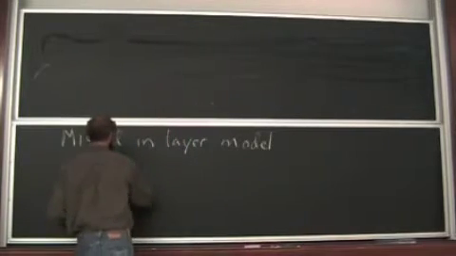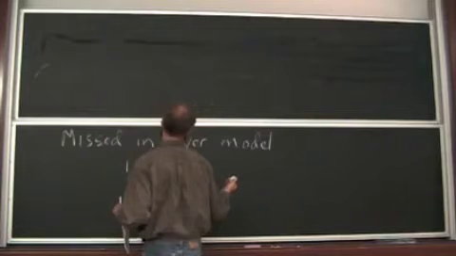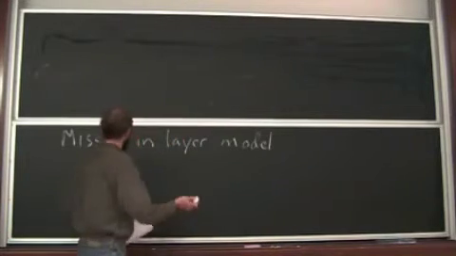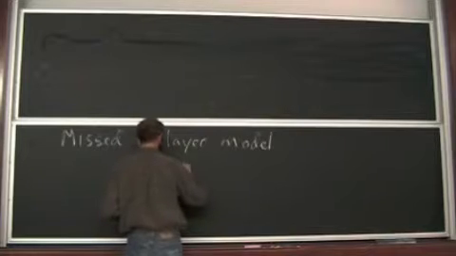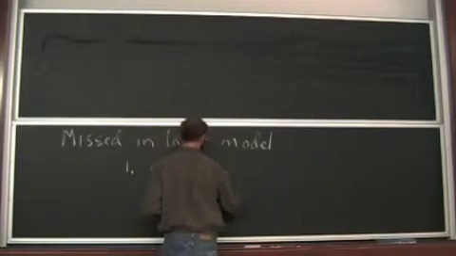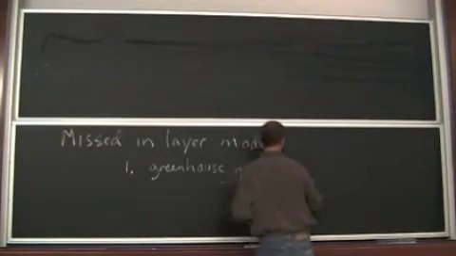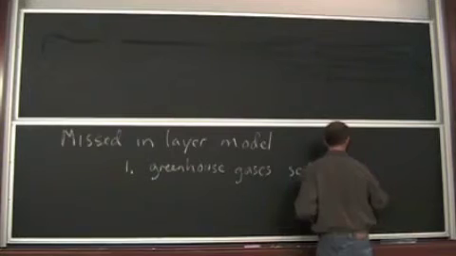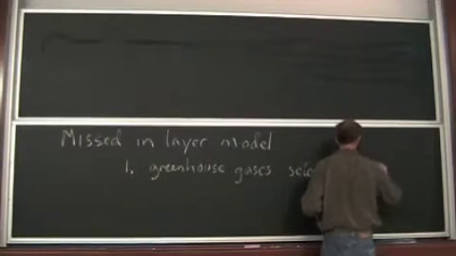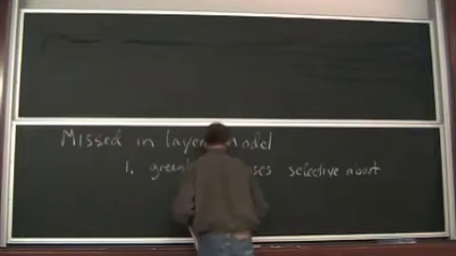And so the first thing that we added for about a week, I forget, chapter 3, I guess, was real greenhouse gases, which are selective about absorbing IR light.